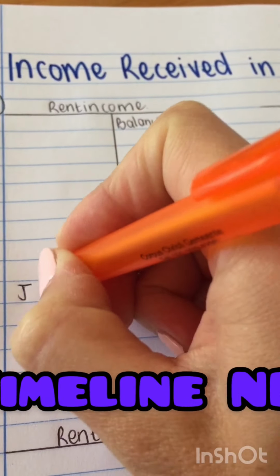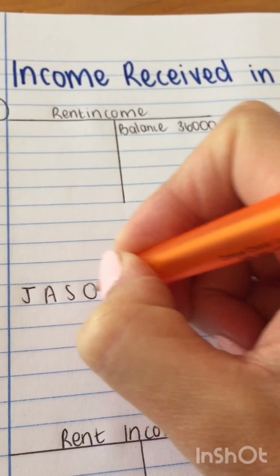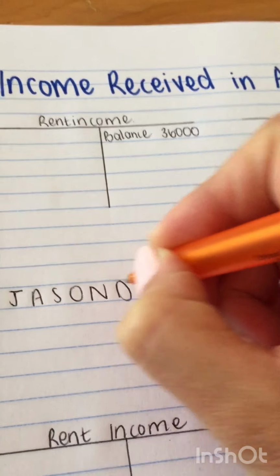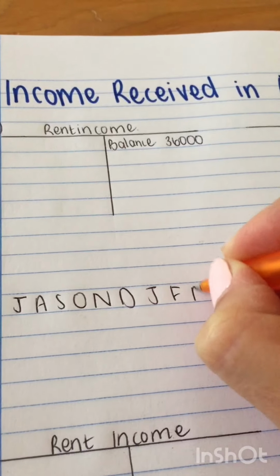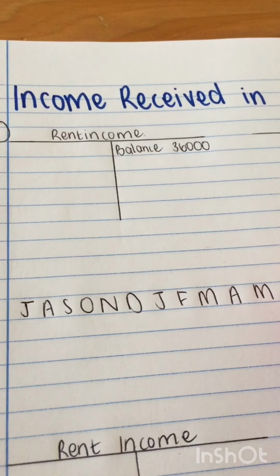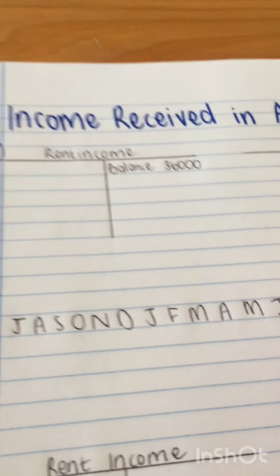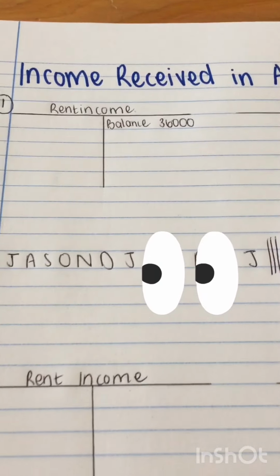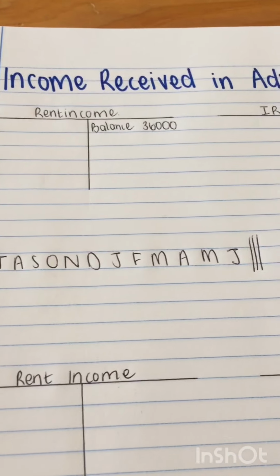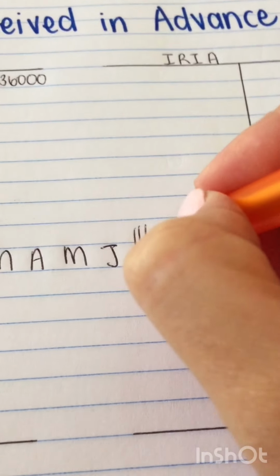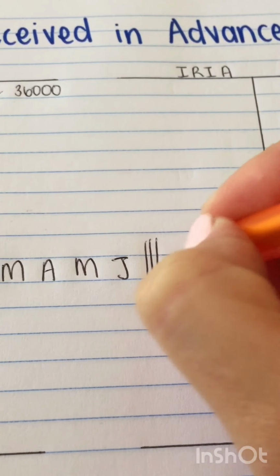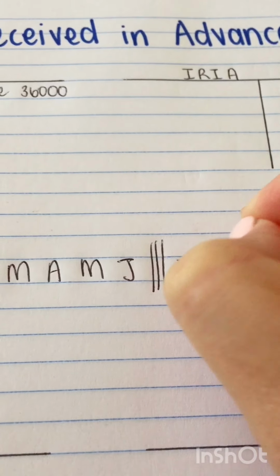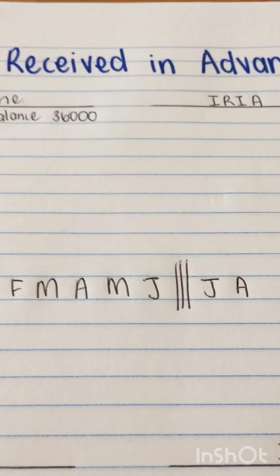It starts in July, August, September, October, November, December, January, February, March, April, May, June. That's where my year ends. It just helps. So now my adjustment says I've received the rent for July and August as well.